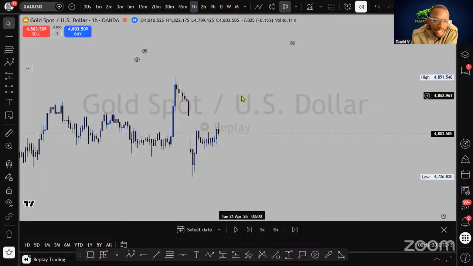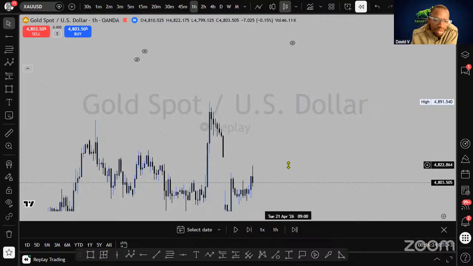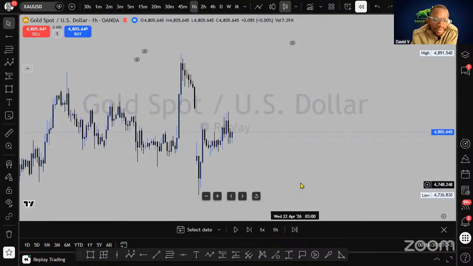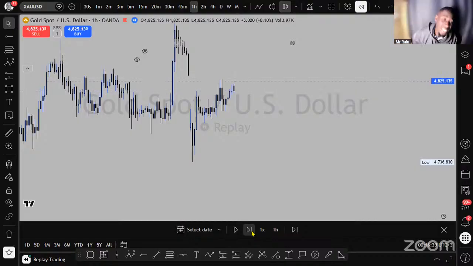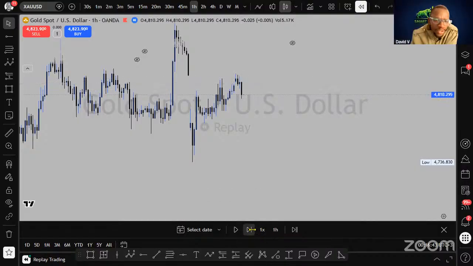Trying to see a way I can be able to draw a trend line. Right now, no indication of a good low. I'm going to just look for another one. Consolidation. Yeah, right now I'm only seeing consolidations after consolidations.